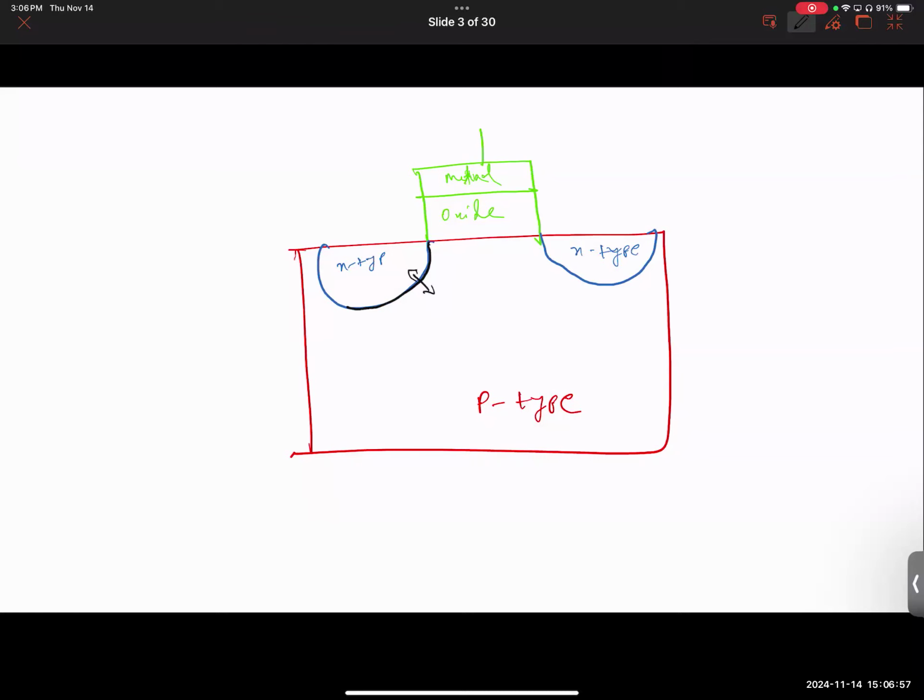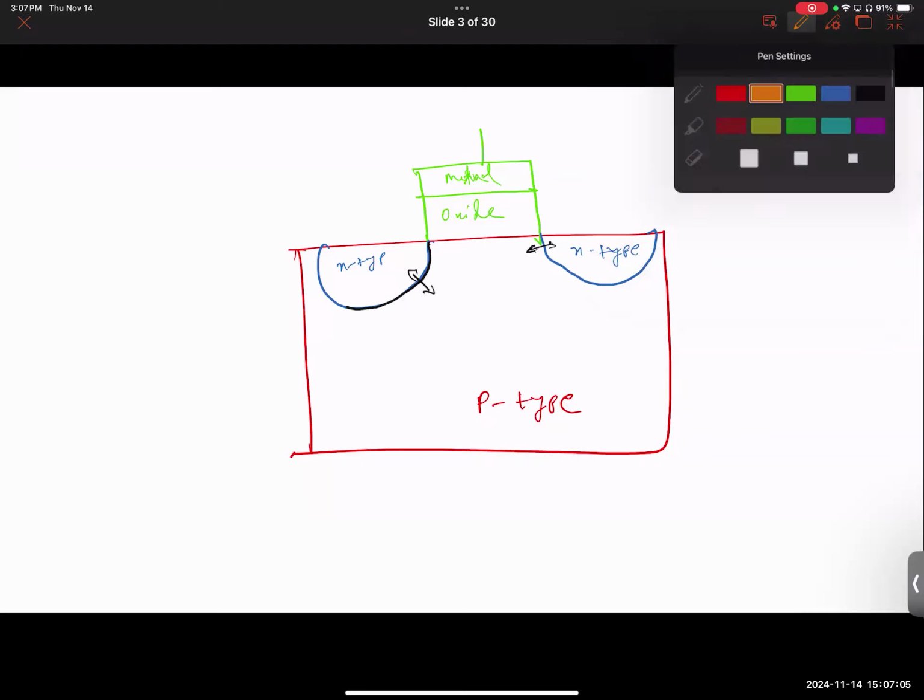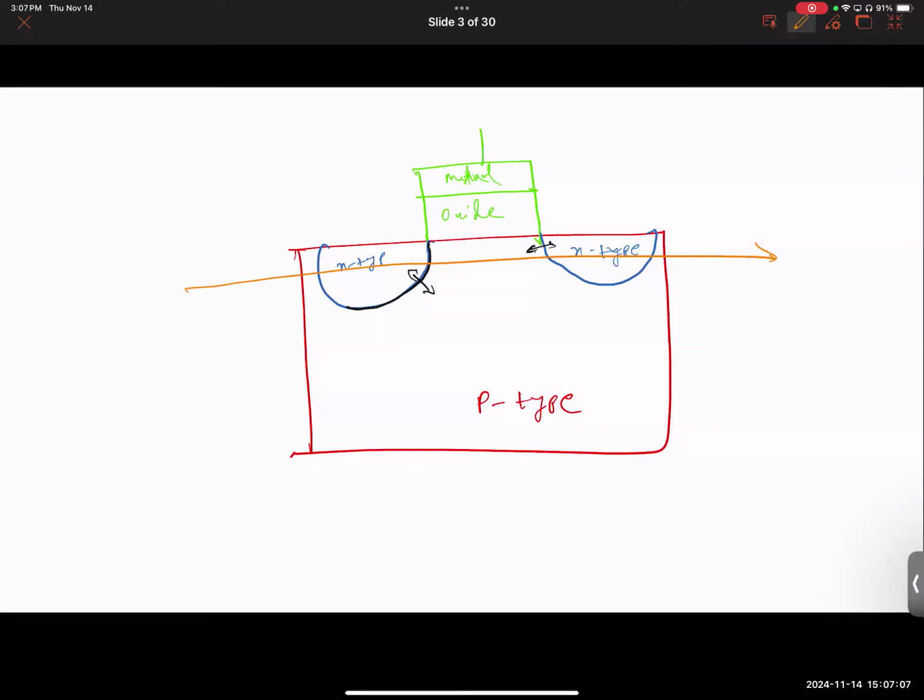Don't you think? And this is again another PN junction. So you have two back-to-back PN junctions, if you look at this cross section from left to right. I could just draw it this way, if you think about it.